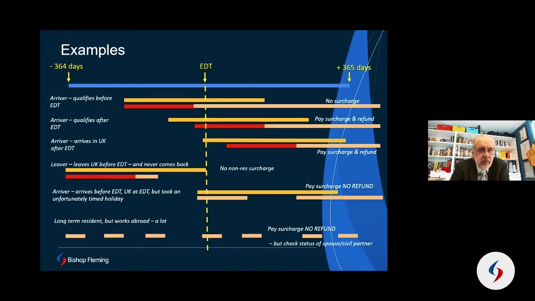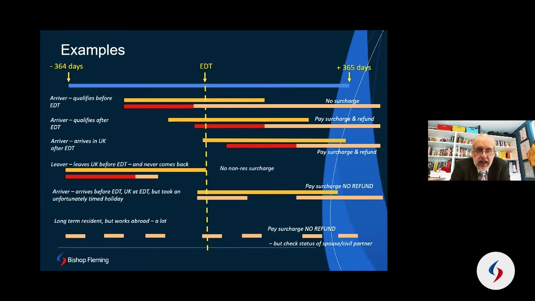The fourth one down is labelled leaver. This chap's been in the UK for a long, long time, but he's leaving and he's not going to come back. He leaves a few months before the effective date of transaction, and he's not intending to come back. But he's been in the UK for at least 6 months of that year beforehand, so he doesn't have to pay the surcharge.